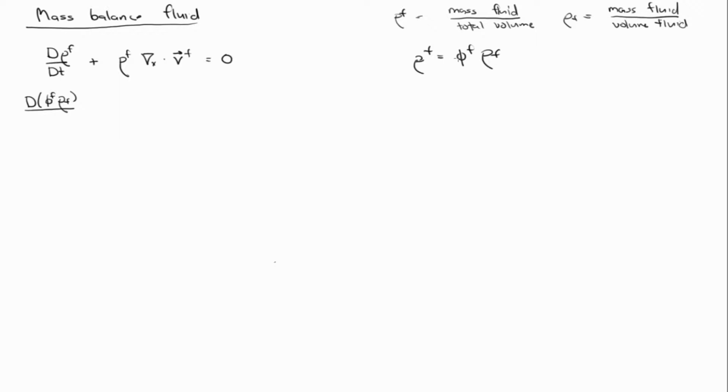Okay, and what's another word for the volume fraction of the fluid in our system? Because I introduced this as a generalized mixture theory way so you could include multiple species, right? But in our case, where we just have two species, a solid and a fluid, what would be another word for the volume fraction of the fluid? It's the porosity, right?